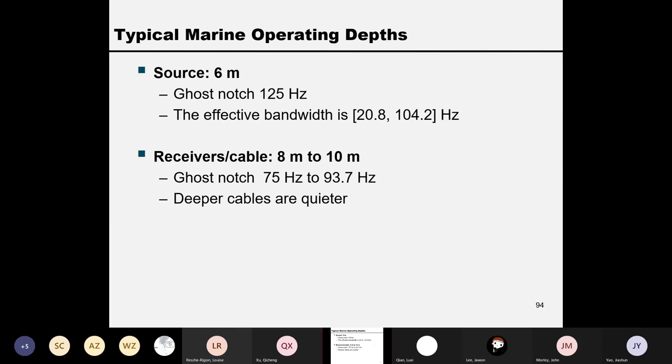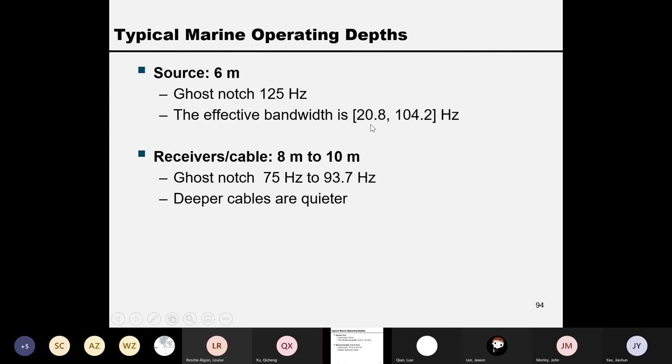Sampling rate of 1/2 delta t is called Nyquist frequency. We'll talk about it in a few minutes. So this means in the field we can use like a 4 millisecond sample interval. That's also everything related. So the effective bandwidth is 20 hertz to 104 hertz, right?